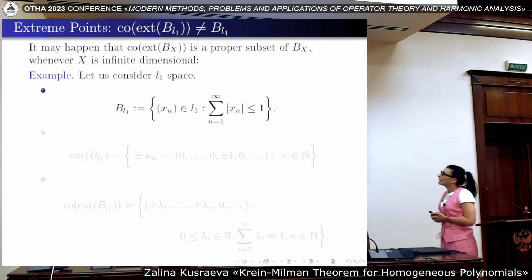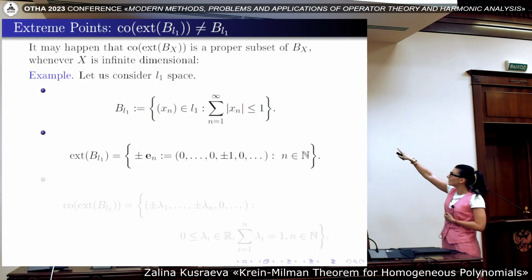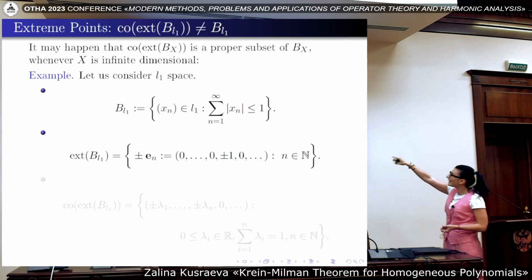This is the space of all absolutely summable sequences, and the unit ball of this space consists of all sequences whose absolute sum is less than or equal to 1. Its set of extreme points consists of all sequences which I denote plus or minus e_n, which means that in the nth place there is plus or minus 1.